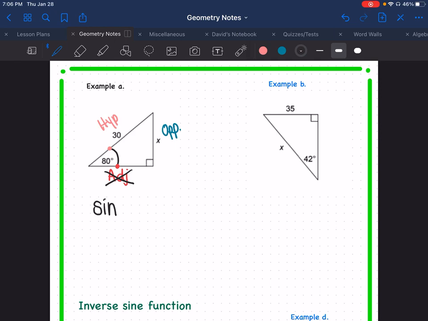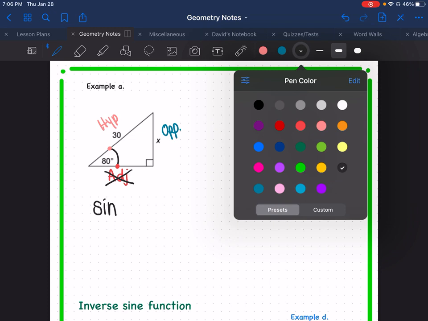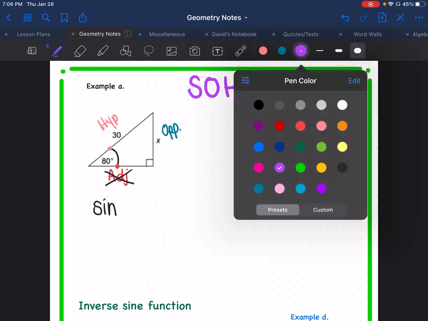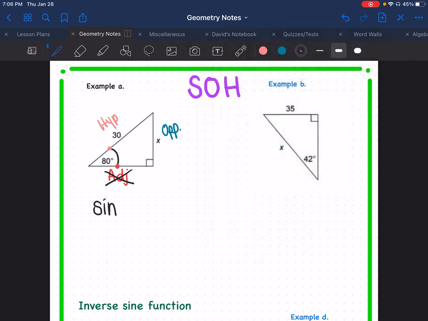Some people have come up with mnemonic devices to help you remember sine, cosine, and tangent. And the one for sine is SOH. So, S for sine, O for opposite, H for hypotenuse. It's just a way to help you remember.